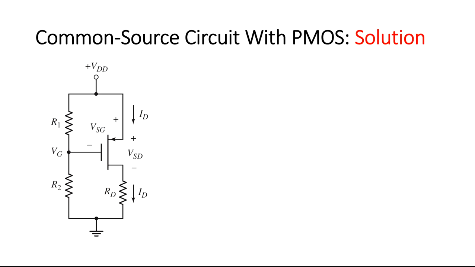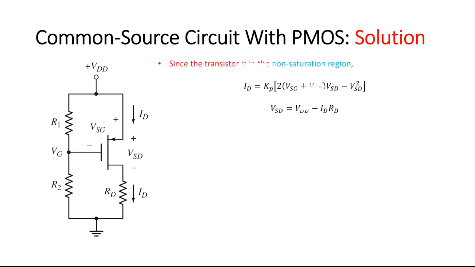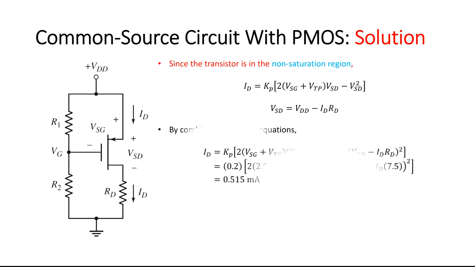Since the transistor is in the non-saturation region, the drain current and then the source to drain voltage should be re-evaluated. By combining these two equations, the drain current is found. Then the source to drain voltage is given and this justifies the non-saturation region.